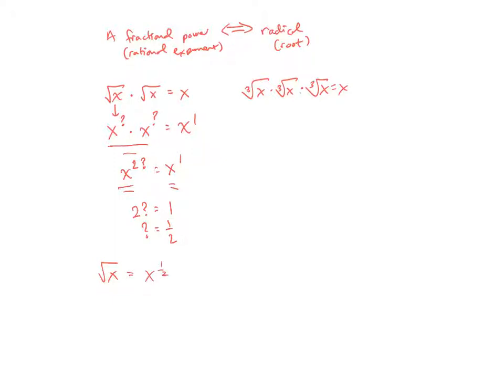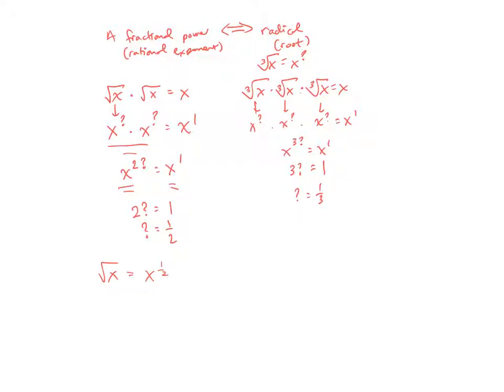Now, if I were trying to figure out what the cube root of x was as a power, I'll write that up here this time. I'm trying to figure out what that is, so I would do the same replacement. I'd add those exponents together, so I'd have 3 of those question marks. And then 3 times the question mark would equal 1. So the question mark would equal 1/3.